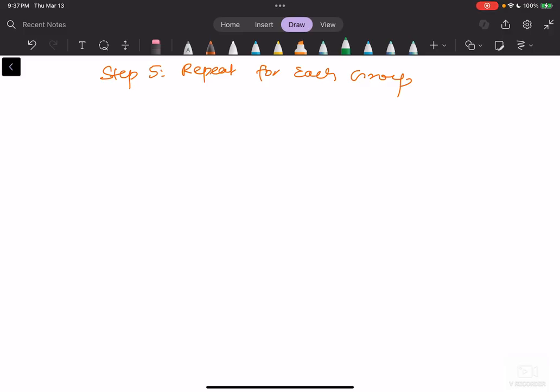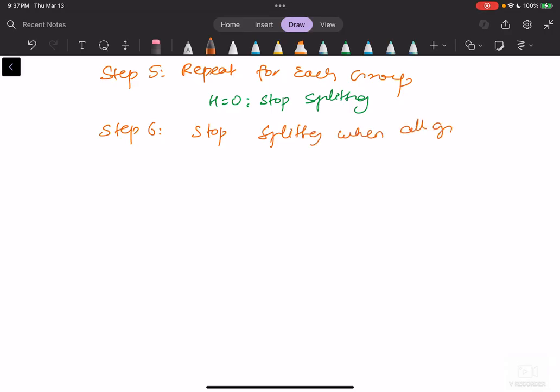So if H is 0, stop splitting because it's already pure. So this means every group contains only one type of fruit at the end. And so basically step 6 is just to stop splitting when all groups are pure.